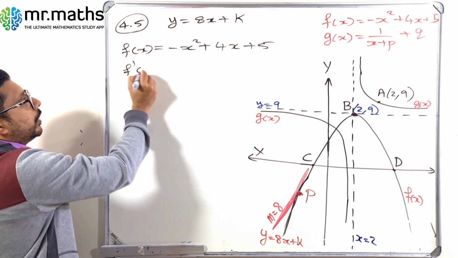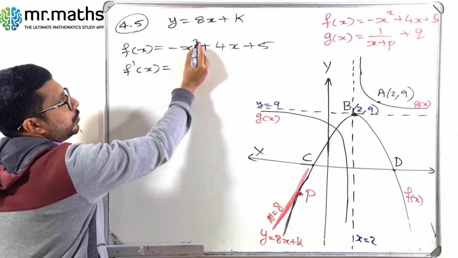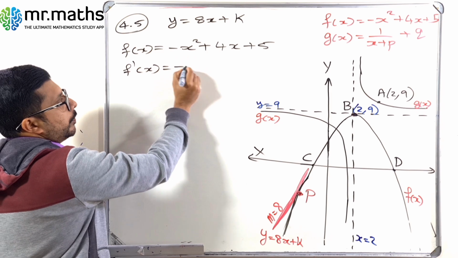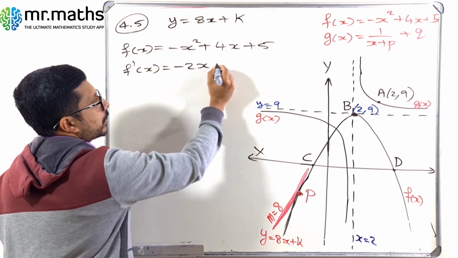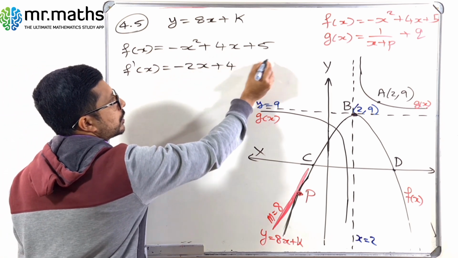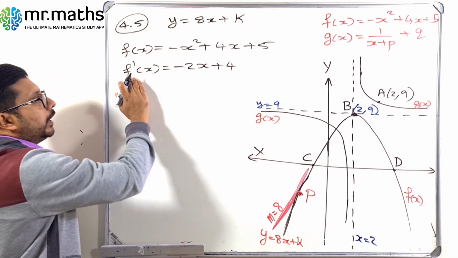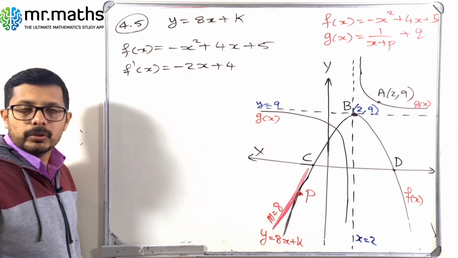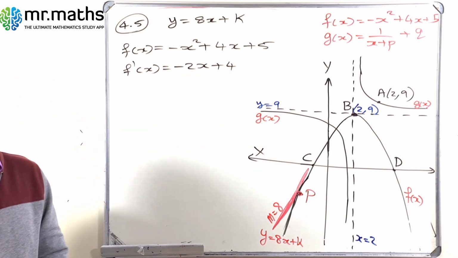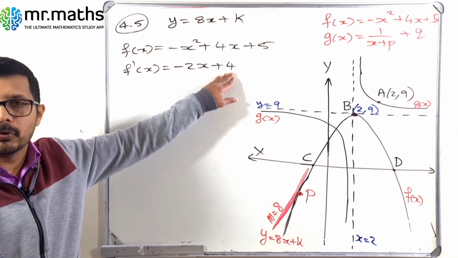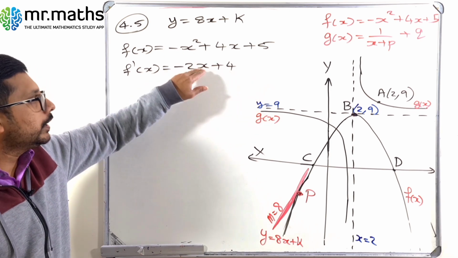f dash of x is equal to 2 into this, minus 1. So minus 2x, the derivative of 4x is 4, plus 0. So according to the calculus method, minus 2x plus 4 is the derivative.